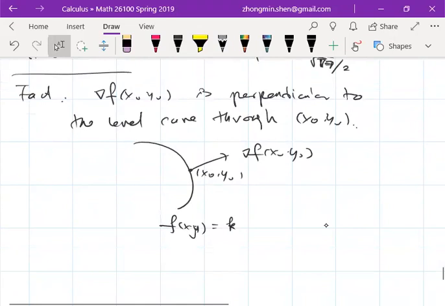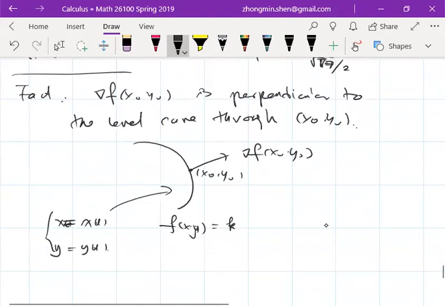I can find arbitrary parametric equations for this curve. I can assume that x equals x of t, y equals y of t.